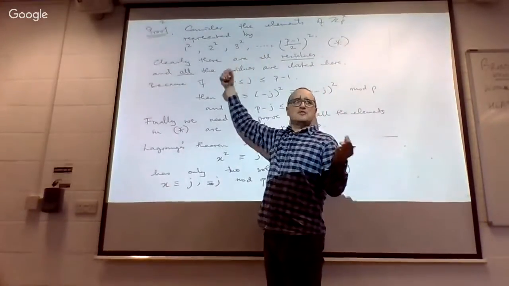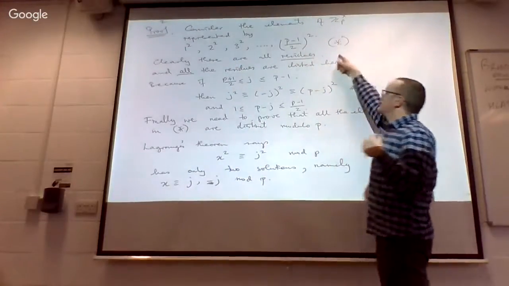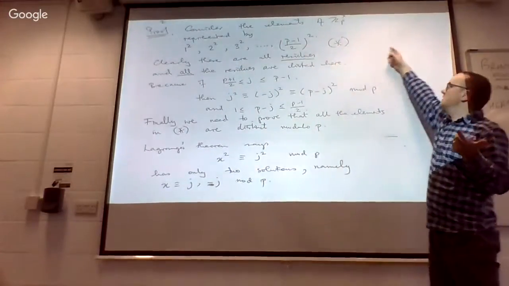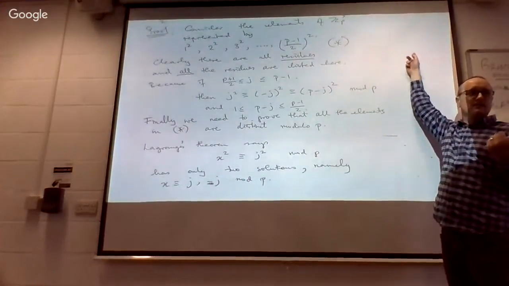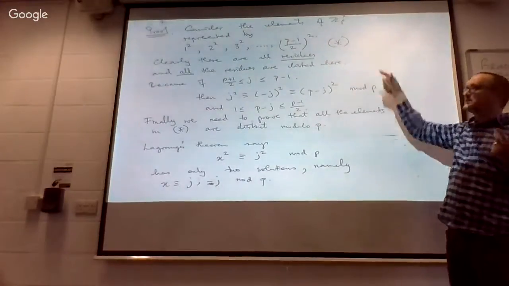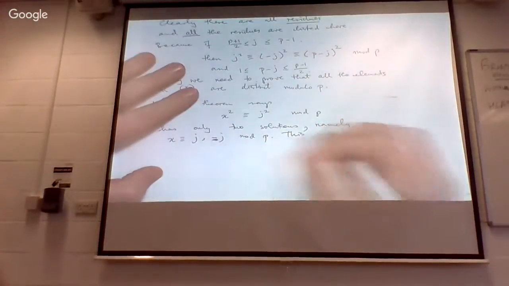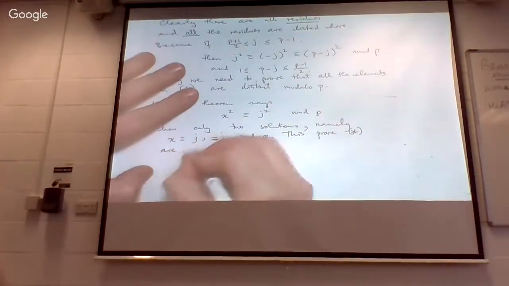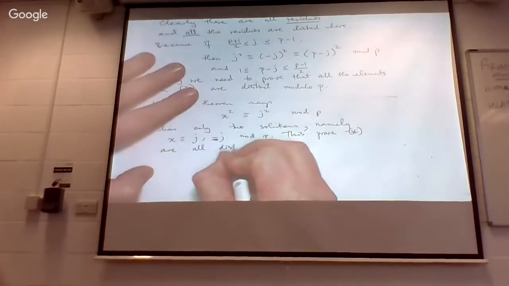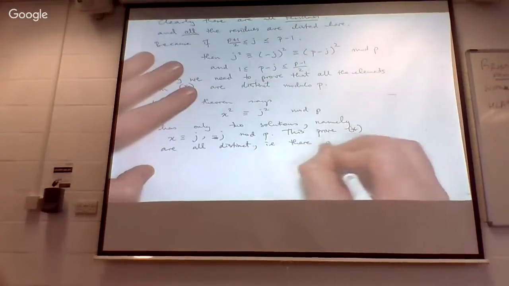Well, there's only 2 things that square to 3 squared, namely 3 and minus 3. Well, minus 3 hasn't been listed here because minus 3 is congruent to p minus 3, that's in the second half of the congruence class. So we haven't listed that. This proves the elements of star are all distinct, i.e., there are p minus 1 over 2 quadratic residues.